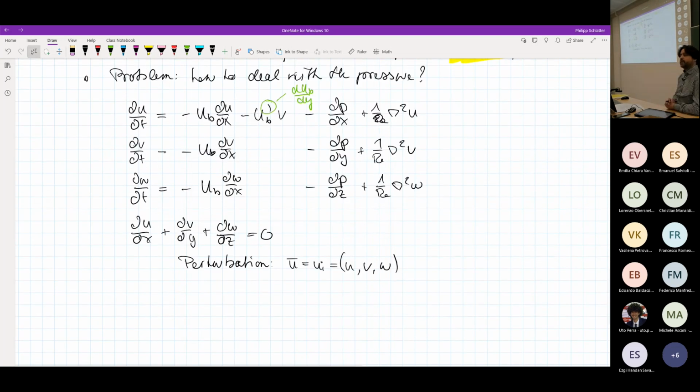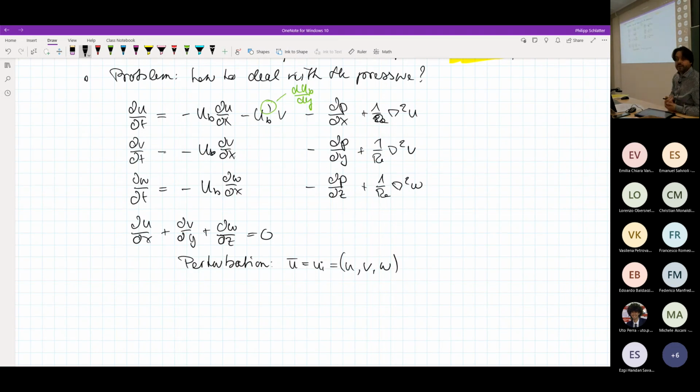Now, what does one do in these situations? Essentially, one does whatever one does. If one doesn't know what to do with the pressure, one just computes the divergence of the momentum equations. Because if you do the divergence of the momentum equations, then you will see that essentially the continuity equation will say that all the time derivatives, for instance, will be zero, because you're actually deriving an evolution equation of the divergence.